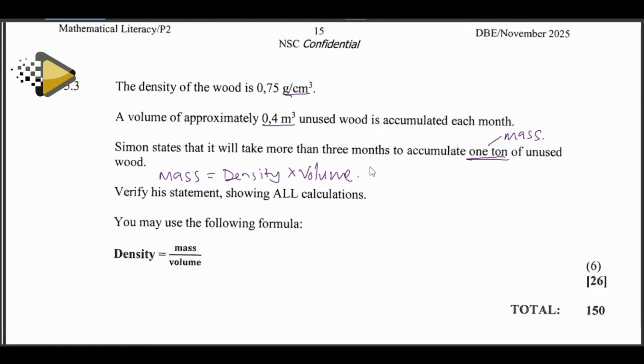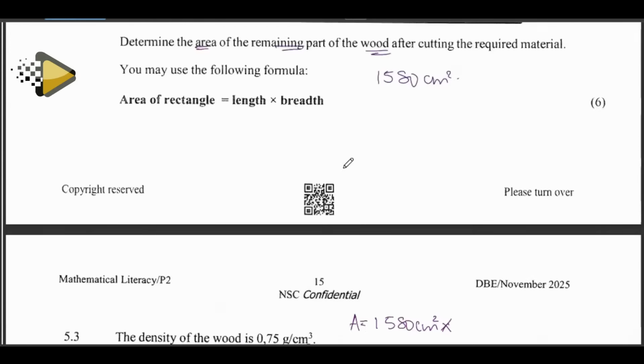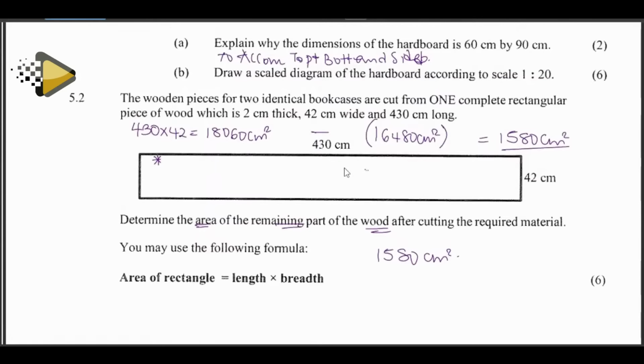Then we shall ask ourselves, what is the volume of the unused area? So remember we were left with area. Area was 1,580 centimeters squared. We need to find the volume. Now we shall multiply with the height or thickness of the wood, which is 2 centimeters thick.